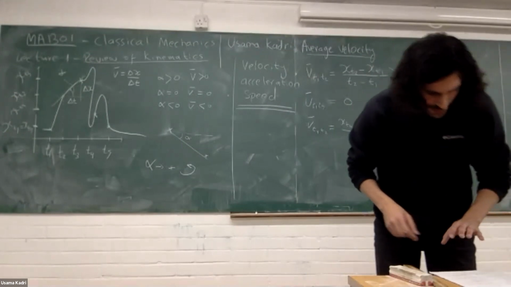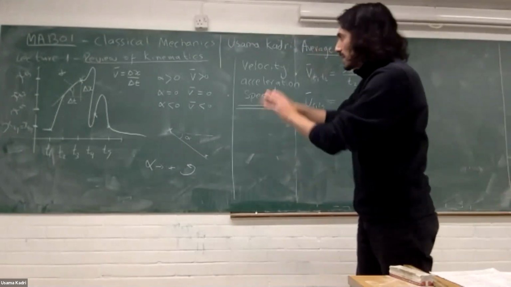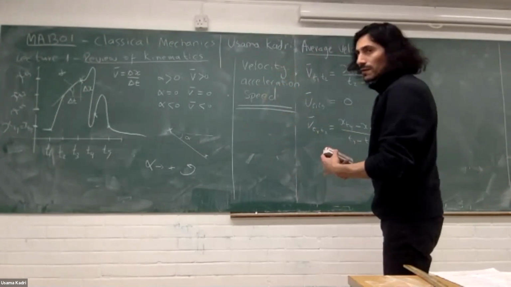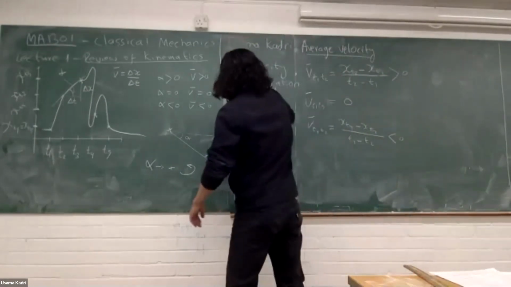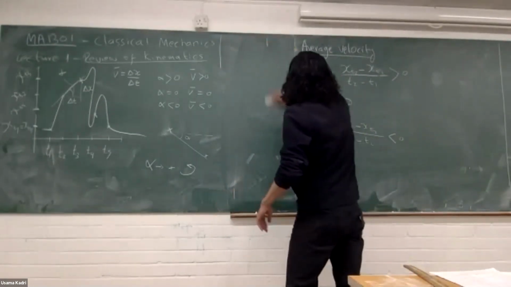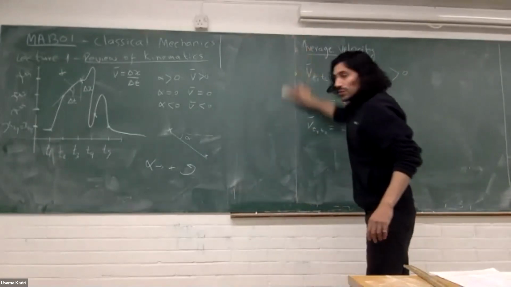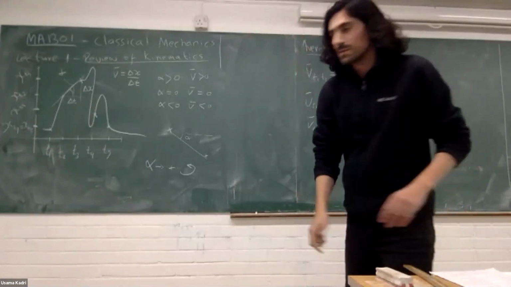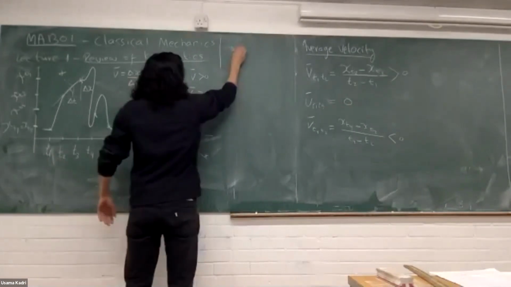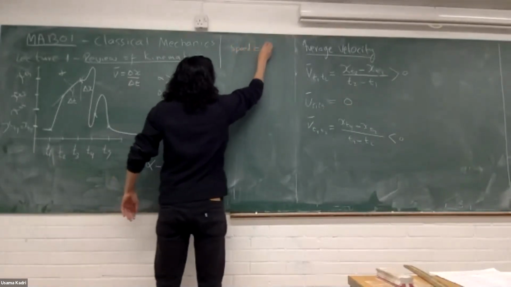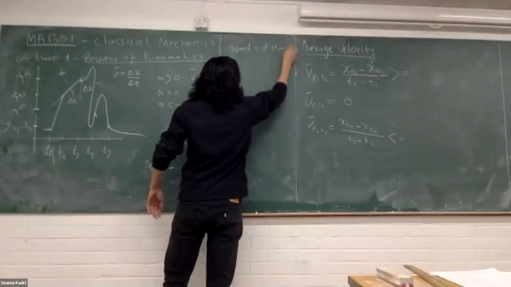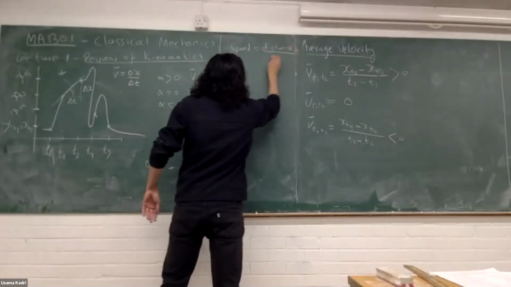Now we know that we want to look at the average speed. We looked at the average velocity. We want to look at the average speed. The average speed is the distance divided by the time.